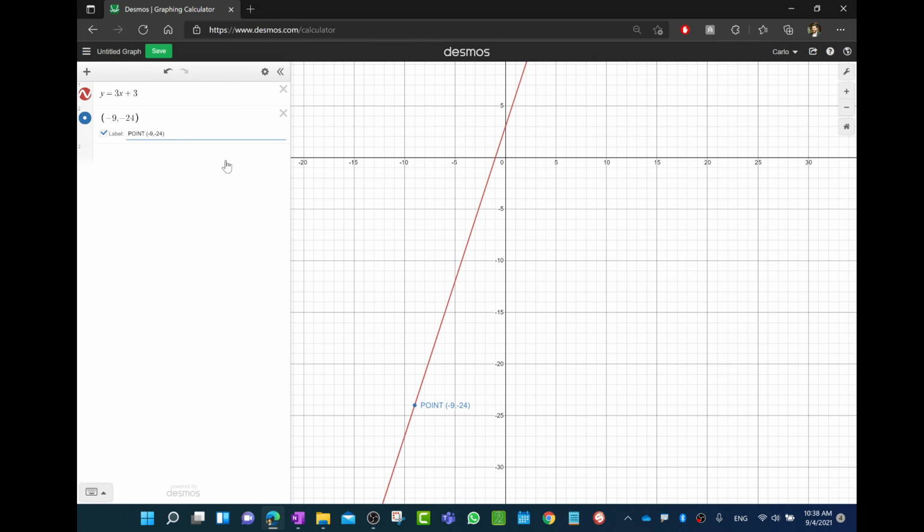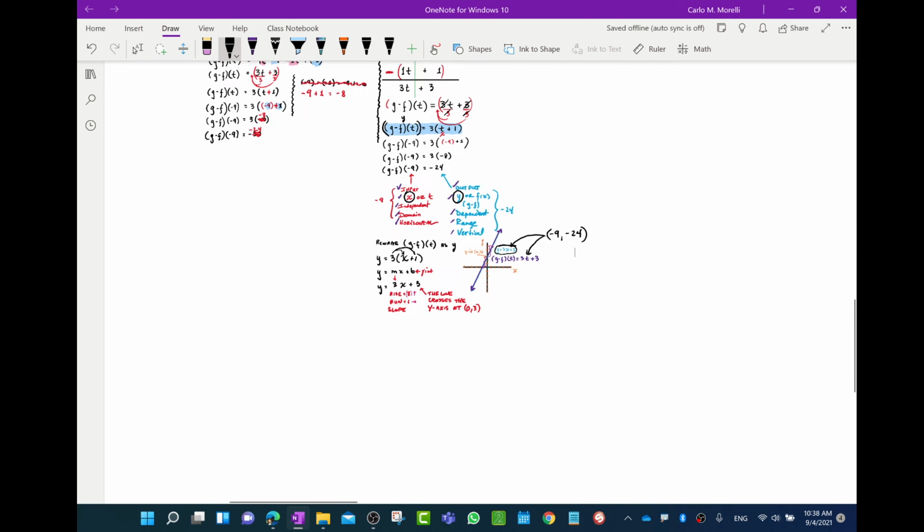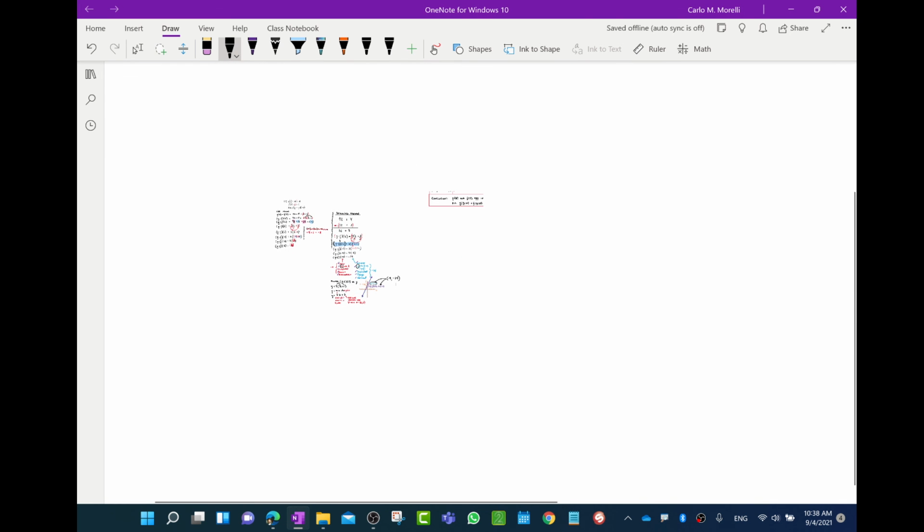And I want to make this point. This is the input of -9 and the output of -24. So I'm going to save this graph. What number is this? Number 12.